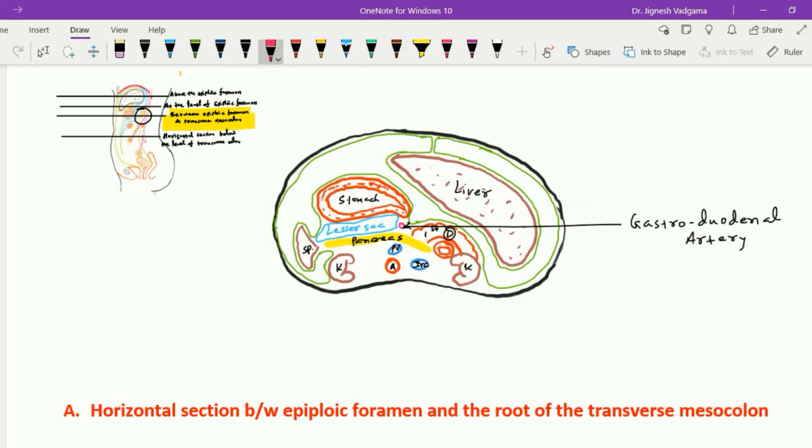And here this is the abdominal aorta, which gives the renal artery on both sides behind the inferior vena cava, and from the inferior vena cava the renal vein passes in front of the aorta on the left side, and from the portal vein the splenic vein is going to reach the spleen through the lienorenal ligament.